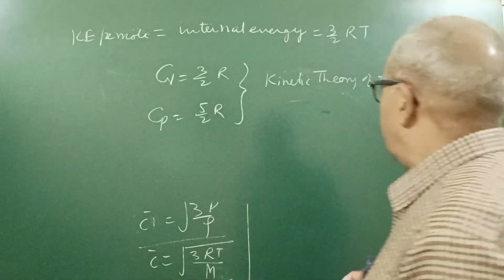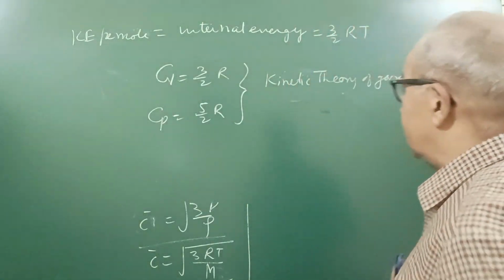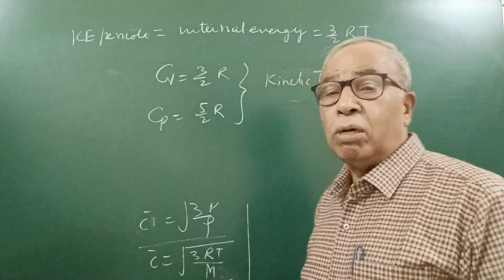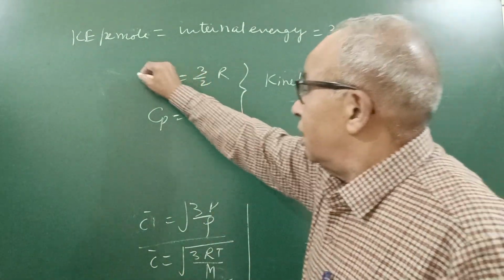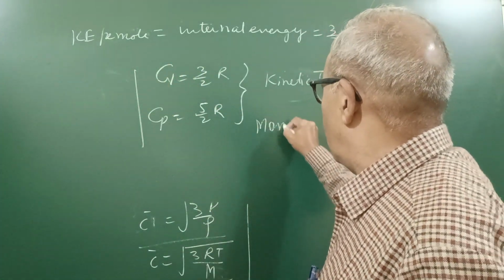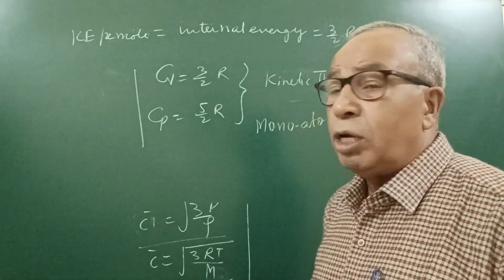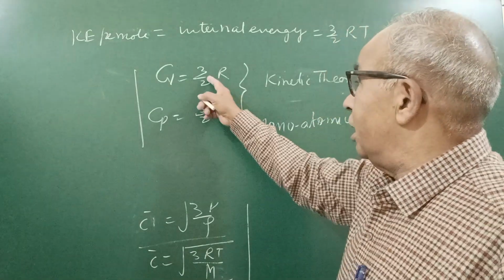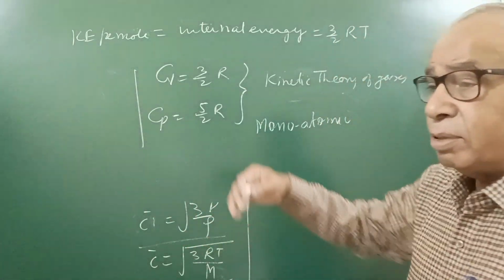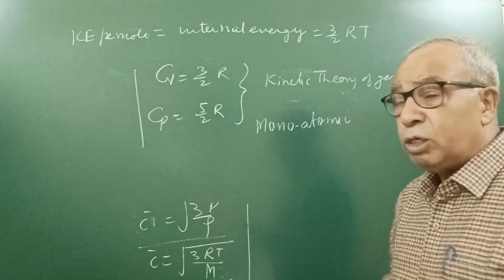Different gases have different numbers of atoms in their molecule. Helium, argon, krypton, radon are monoatomic gases. Monoatomic is the gas whose molecule has only one atom. These values are true for monoatomic gases, but for diatomic and triatomic, these values are less. I am telling you the whole theory in one video at a glance, so that you can solve easily.